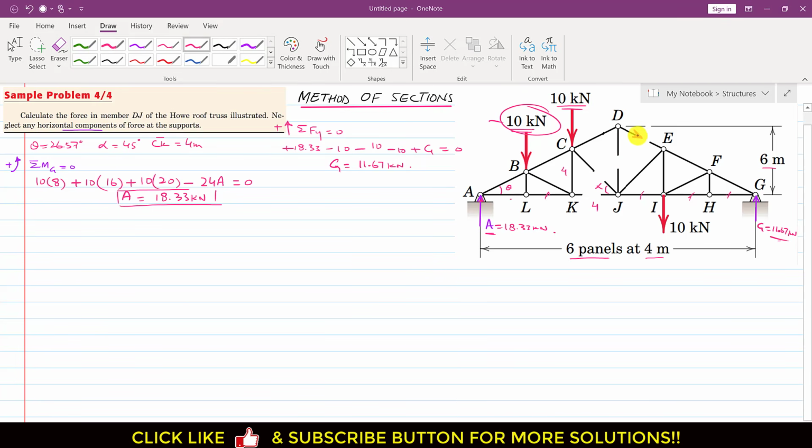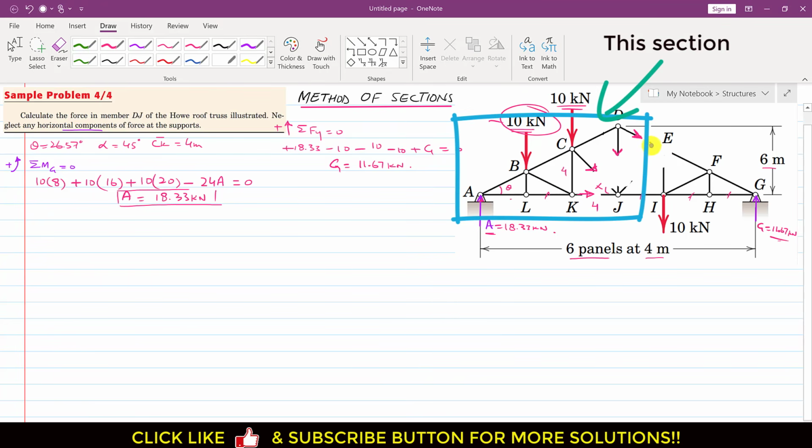So let's say this is the DE member force, this will be the DJ member force, right, and this one will be CJ, and this one will be KJ, right? And let me isolate this section which we are considering. We are considering the left hand section, right?